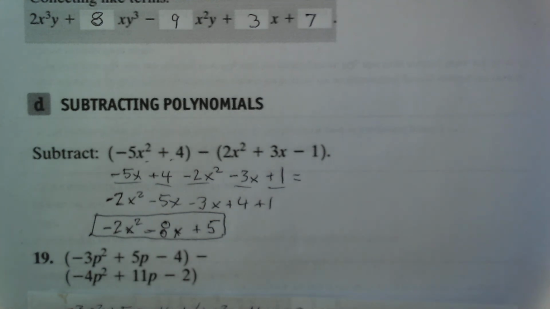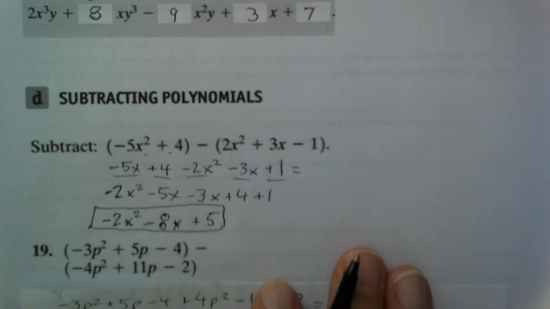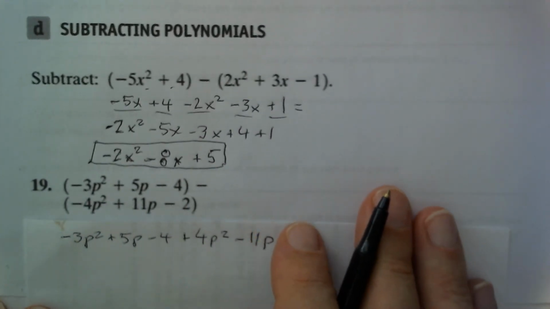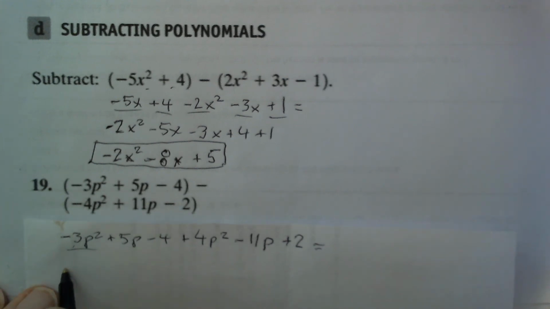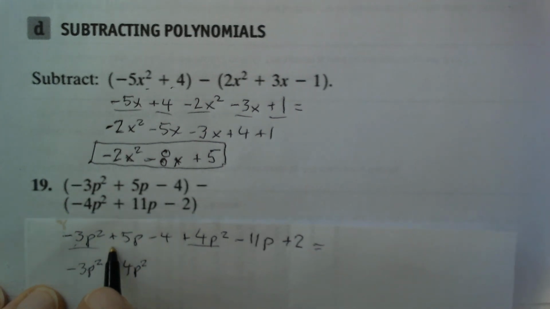So now we can write terms next to each other. They're like terms. So we have minus 3p squared. And we have 4p squared. And we have 5p.